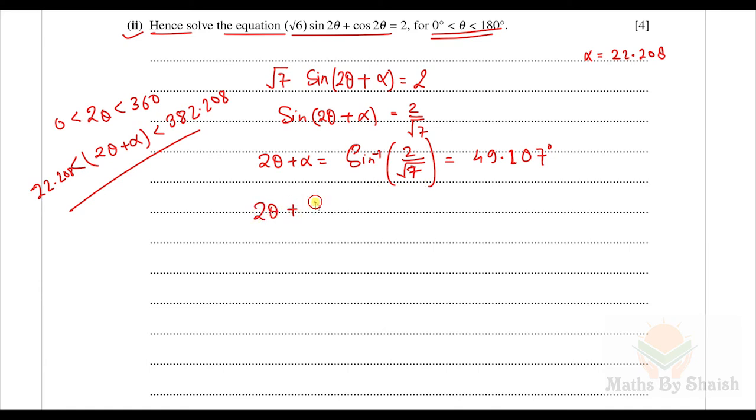The next angle for sine is 180 minus the previous angle.